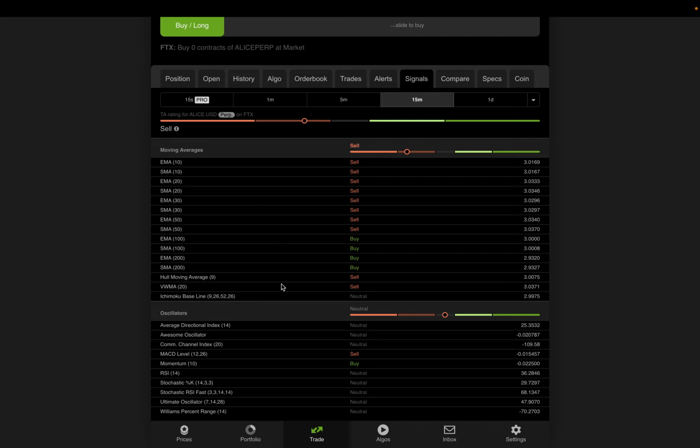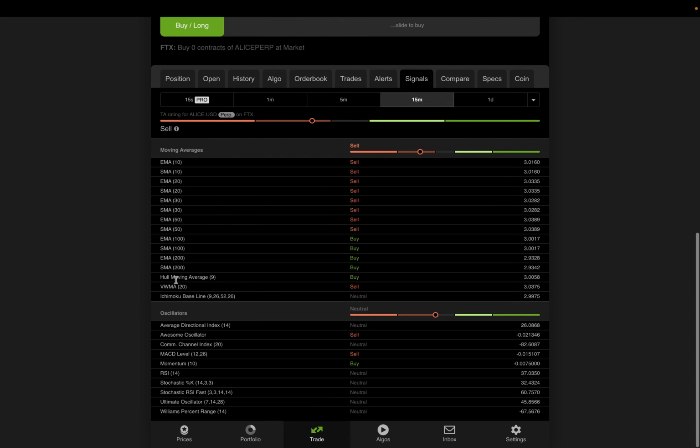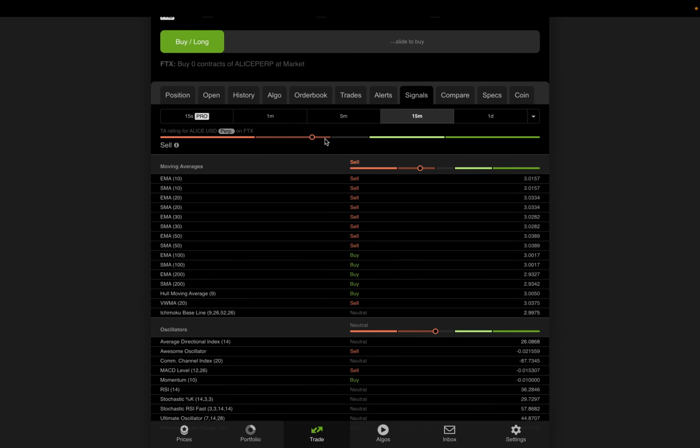So basically, you'll be able to open or close a position, or start or stop and trade an algorithm based on those signals in the future. Okay, for now, enjoy this. I think it comes in very handy in a lot of trading scenarios.